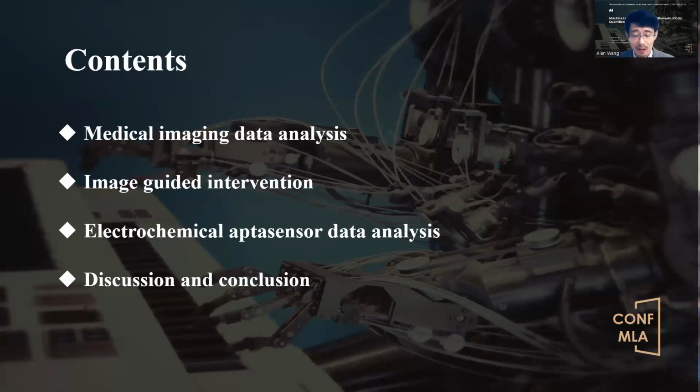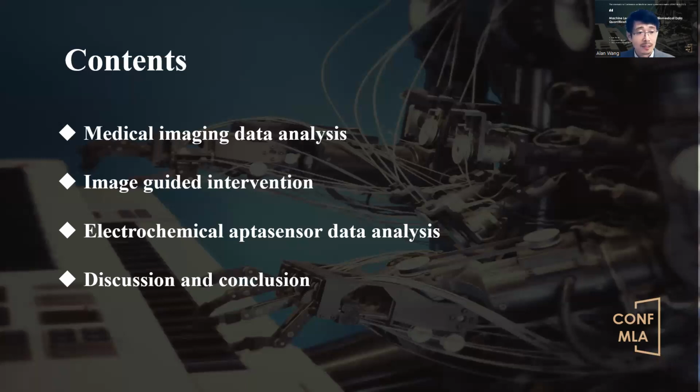By analyzing the live imaging data, machine learning algorithms can provide real-time feedback and guidance to healthcare professionals. Incorporating machine learning into image-guided intervention can enhance the procedural accuracy, improve patient safety, and minimize invasiveness.